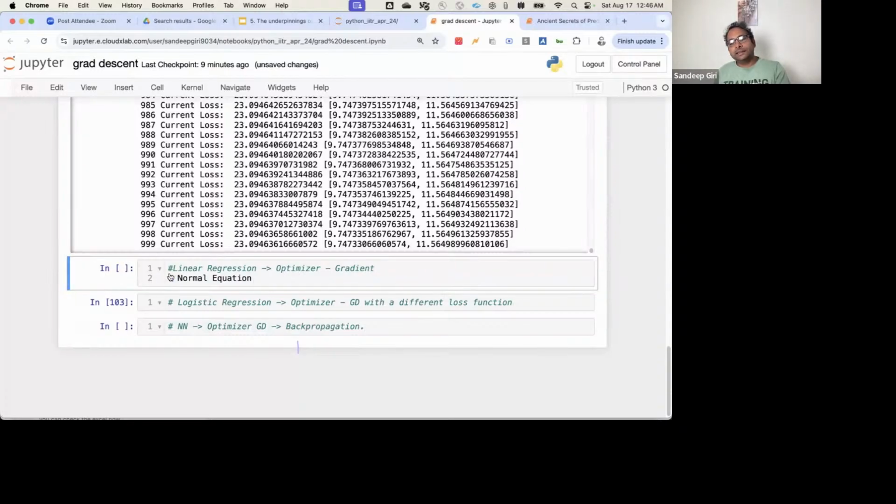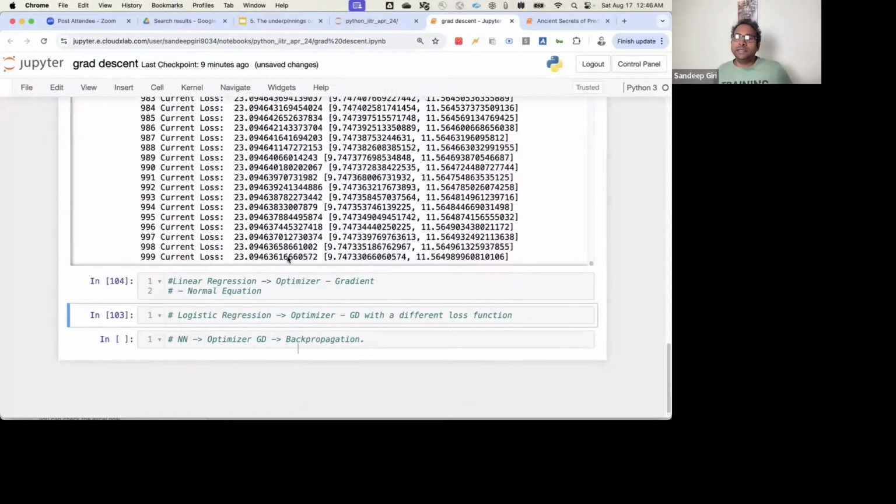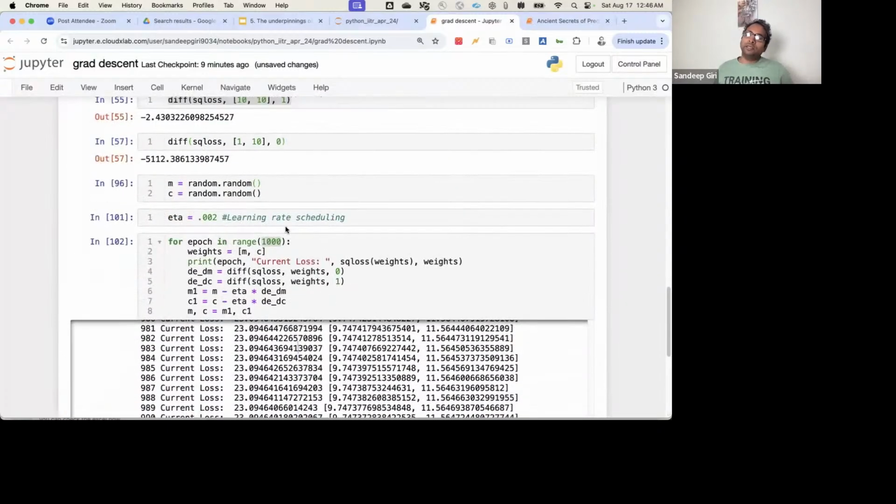But the most important thing to keep in mind is that here we are solving a problem of regression using a linear model, meaning we are fitting a straight line through it, and the strategy to find the weights is gradient descent.